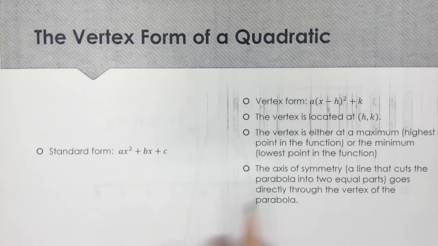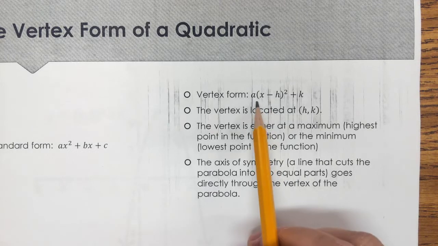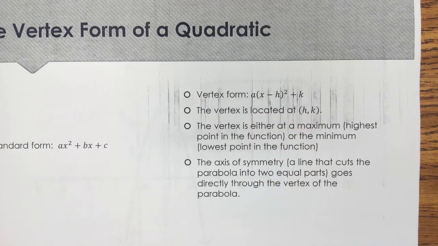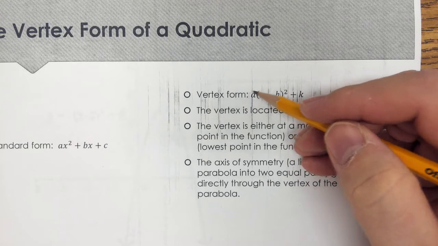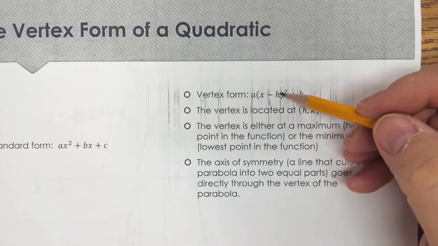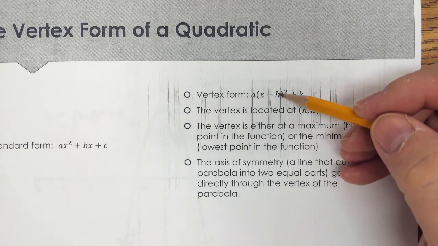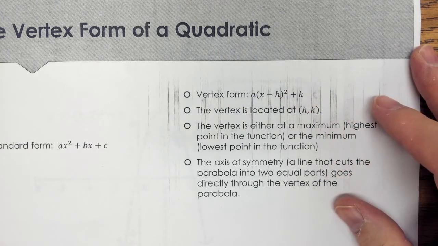Well, the vertex form is a little bit different than this, and you can see right here is the vertex form of the quadratic. So the vertex form has this multiplier out here, a, and then inside of the squared is x minus h, and then outside here is plus k.